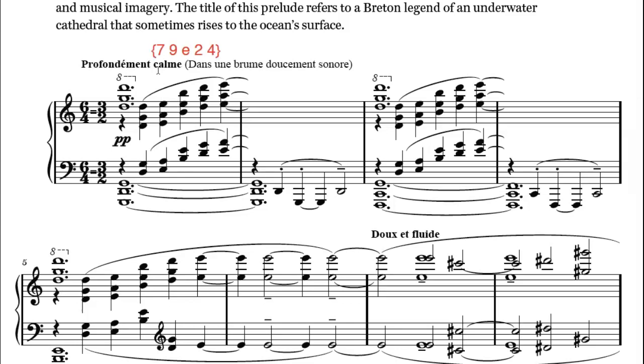If we write these in integer notation, that would translate to 7, which is G, 9, which is A, 11, which is B, 2 is D, and 4 is E. Again, this is the G pentatonic scale, which is a subset of the G major scale. It's scale degrees 1, 2, 3, 5, and 6.